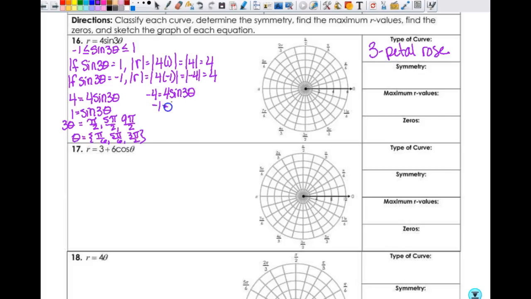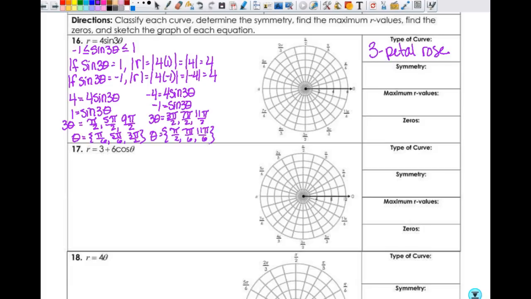So -1 is equal to sine 3 theta, which means that 3 theta is equal to 3 pi halves, 7 pi halves, and 11 pi halves, which means that theta is equal to 3 pi 6, which is pi halves, and then 7 pi 6, and 11 pi 6.